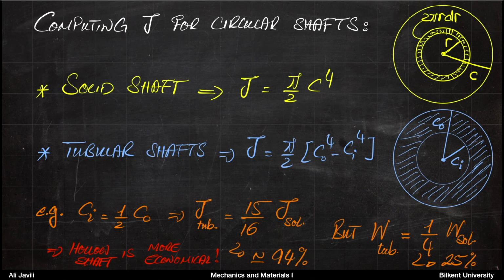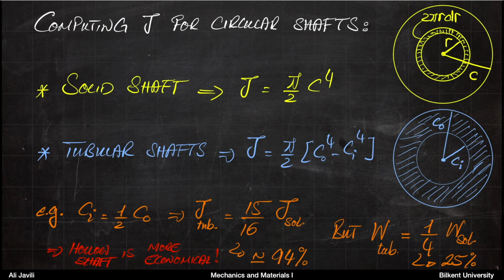Now, why is that interesting? Because if you calculate the weights of the two shafts, you can imagine that the weight goes with the power 2 of the radius because it relates to the area. So basically the tubular shaft would have more J for less weight.